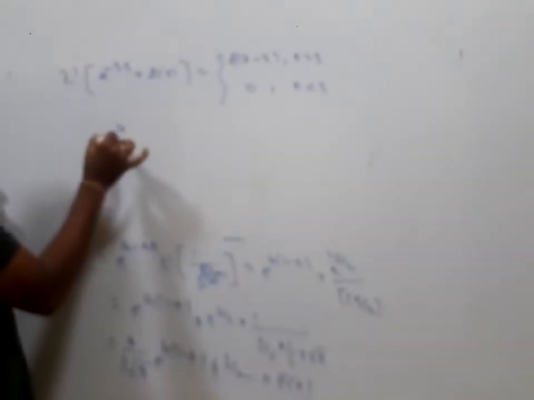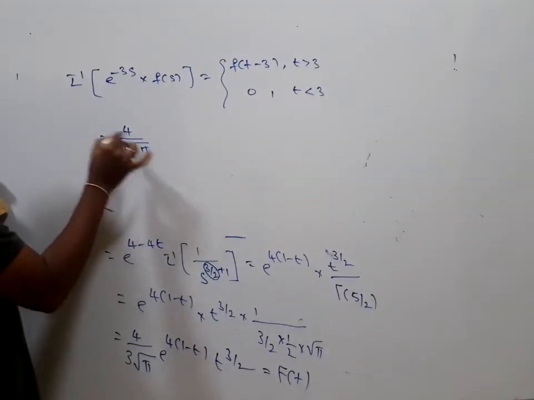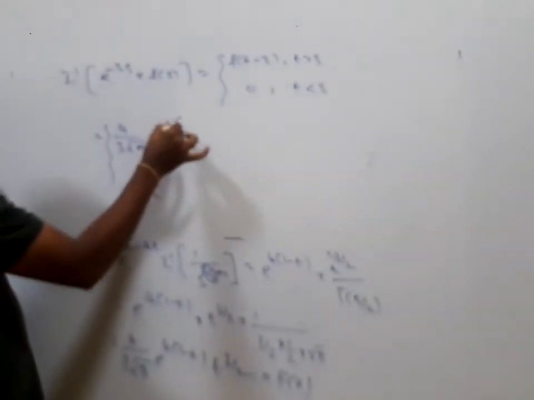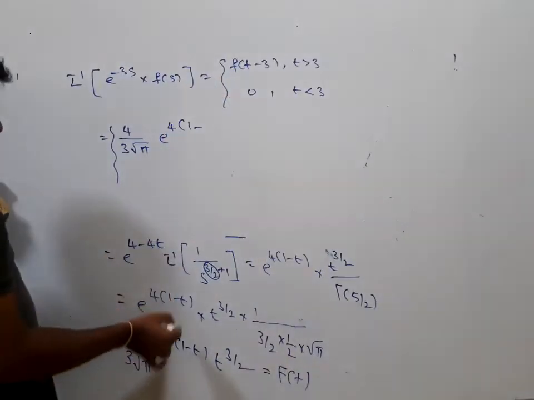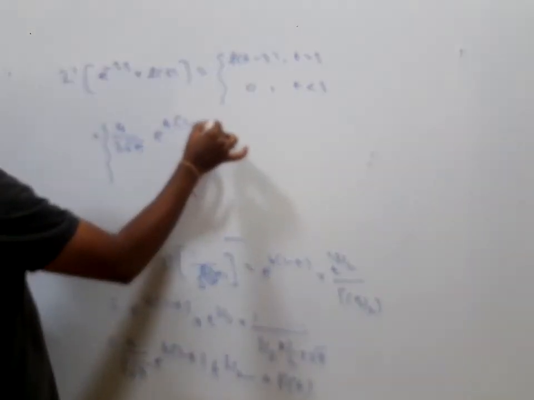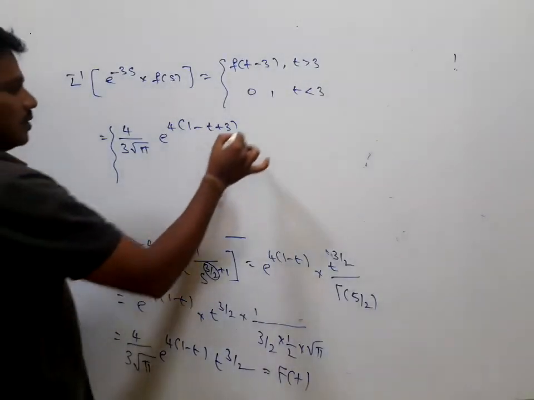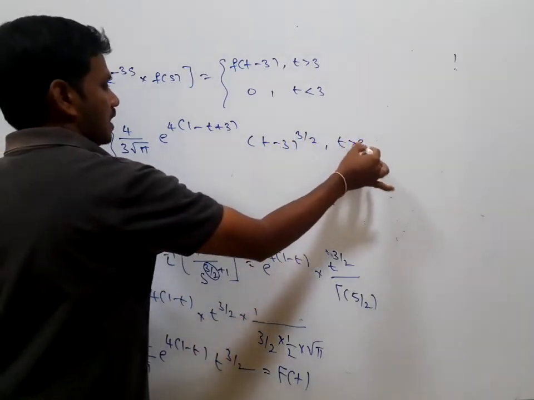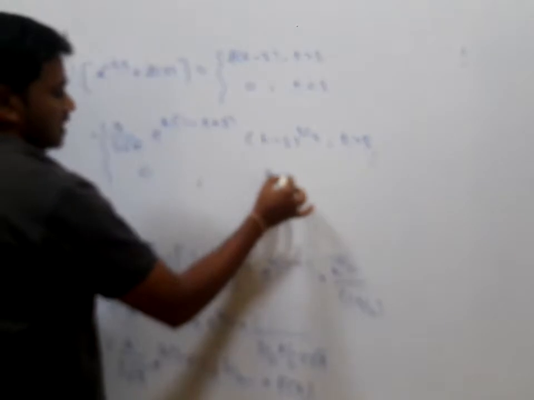So 4 divided by 3 root pi, e to the power of 4 into (1 minus t) replaced with t minus 3, into (t minus 3) whole to the power of 3 by 2 for t greater than 3, 0 for t less than 3.